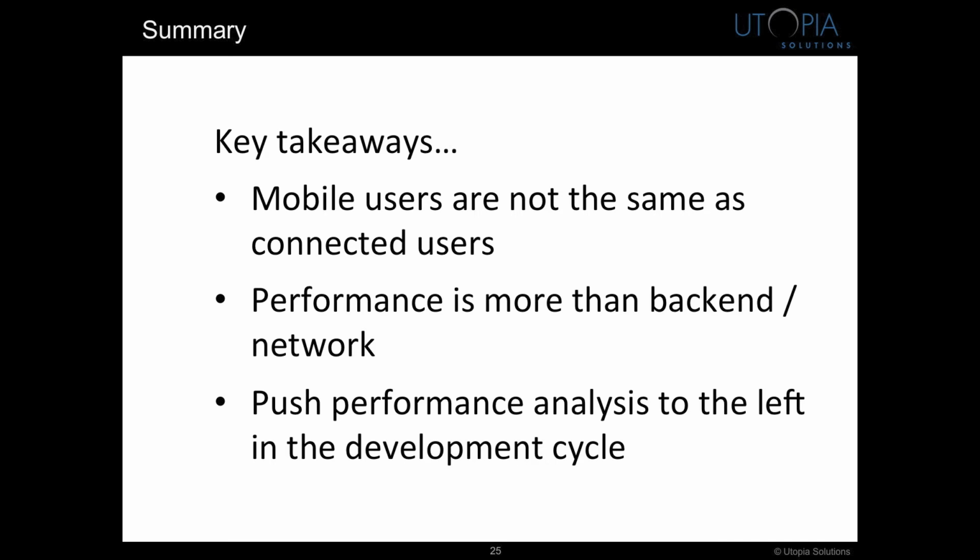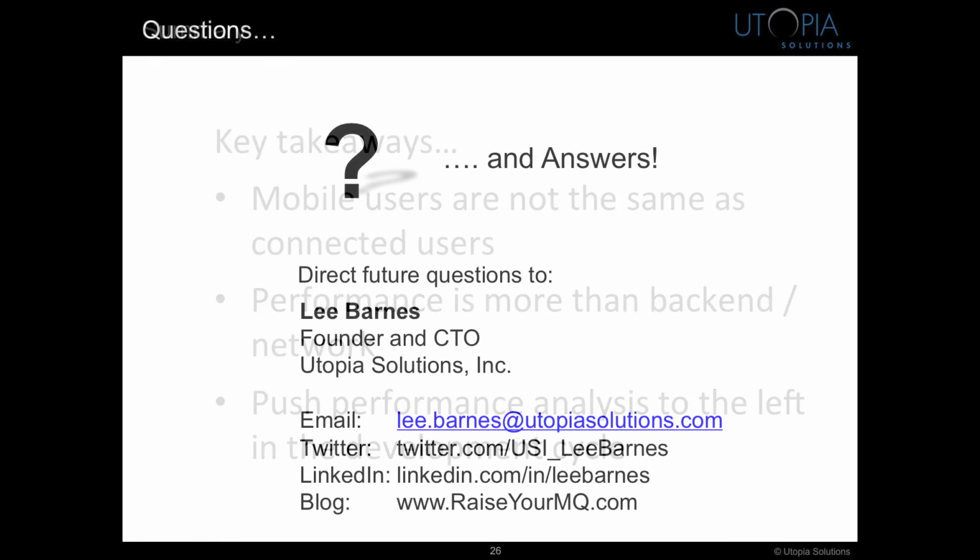And finally, we need to start pushing performance analysis to the left in the development cycle. Finding out at the end of a development cycle, just before it's released to the user community, that we have performance issues obviously is not the ideal time. We need to shift from an end-of-cycle performance test to ongoing performance analysis.